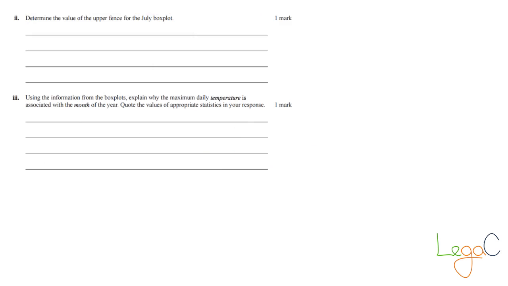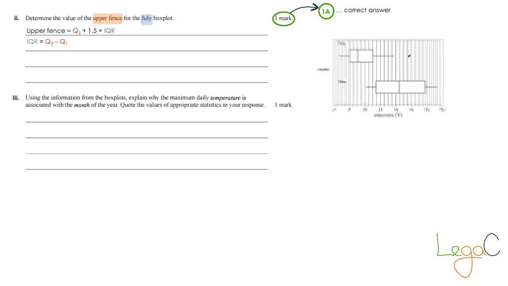In part 2i, we are asked to determine the value of the upper fence for the July box plot. This question is worth 1 mark, which is going to be an answer mark for the correct answer. To calculate the upper fence, we use the formula Q3 plus 1.5 times IQR. IQR equals Q3 minus Q1.